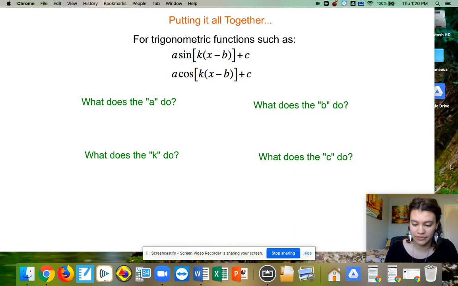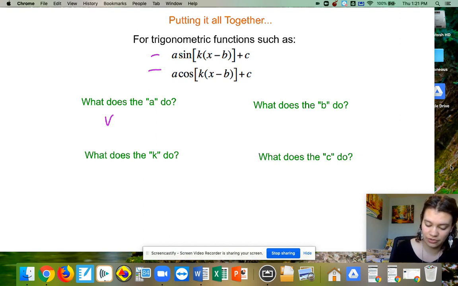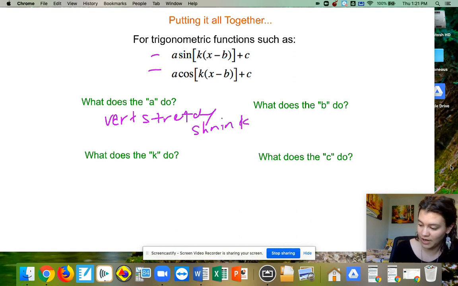So putting all of our different types of things together, these would be your basic trig functions. The a value is going to be your vertical stretch or shrink. And how that affects your graph is it's going to affect your amplitude. The b value right here is going to be your phase shifts.